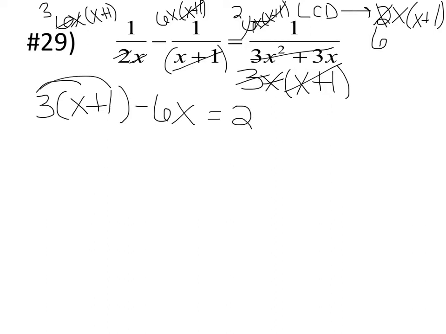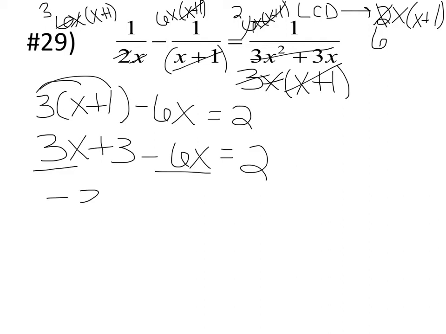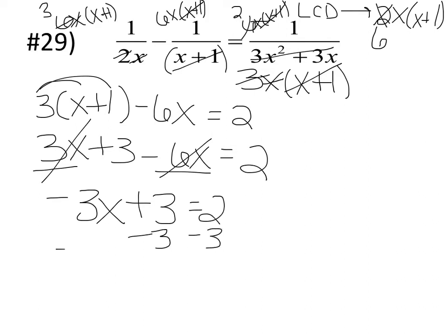So distribute your 3. 3x plus 3 minus 6x equals 2. 3x minus 6x is negative 3x plus 3 is equal to 2. Subtract 3 from both sides. You get negative 3x equals negative 1.